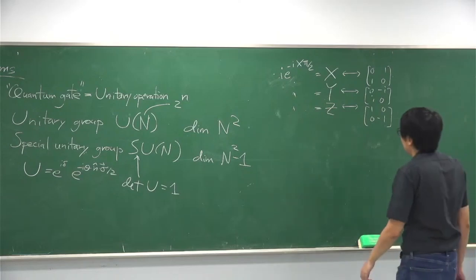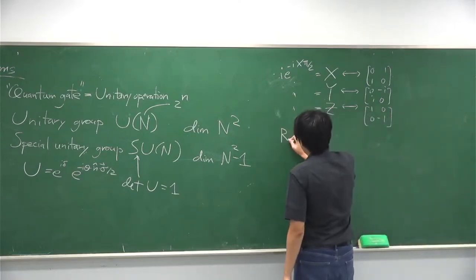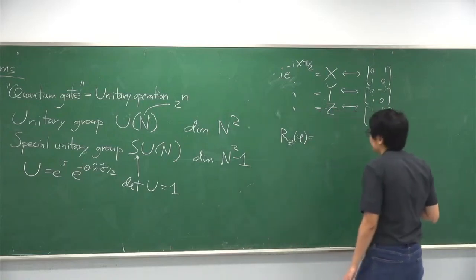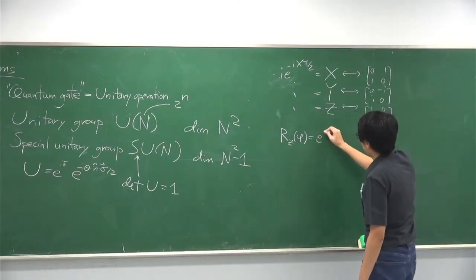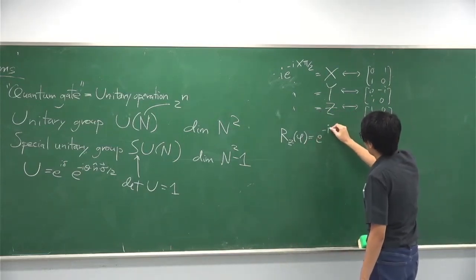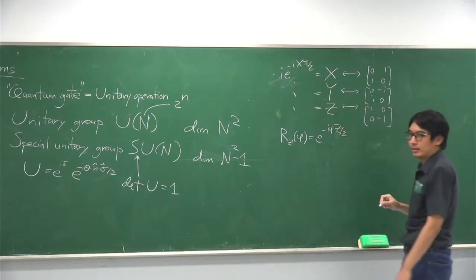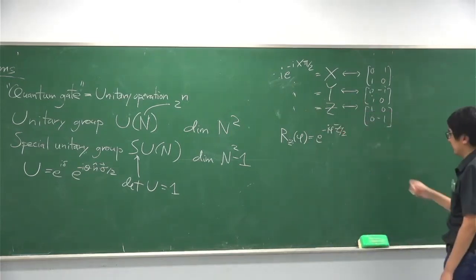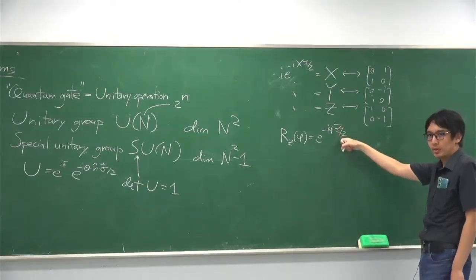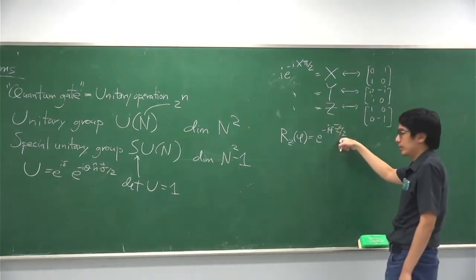And for example, a rotation by phi around Z, the convention is to write these like this, right? And the 1/2 here is kind of important.